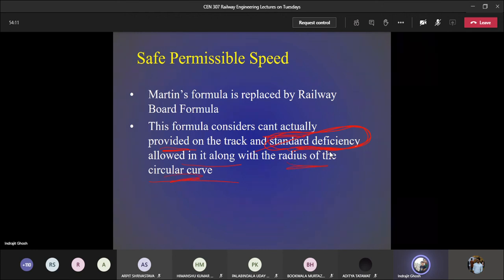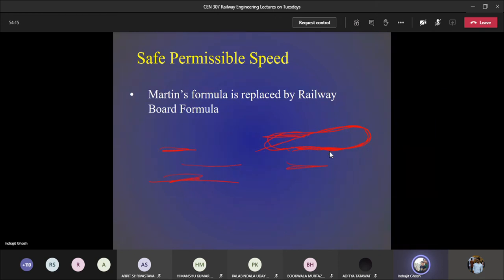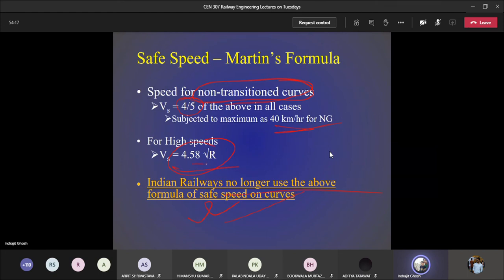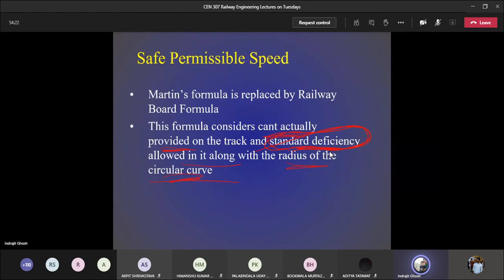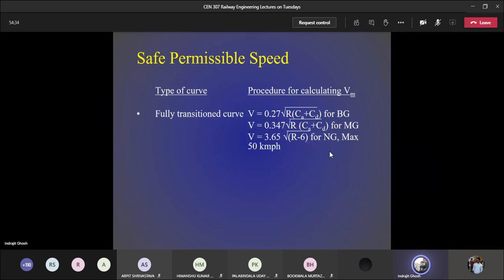In the last slide it was related only to the horizontal curve radius, but here in addition to the radius we have something related to cant. Here also they are talking about some deficiency, and radius as usual.